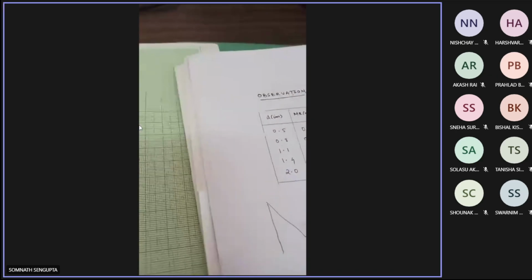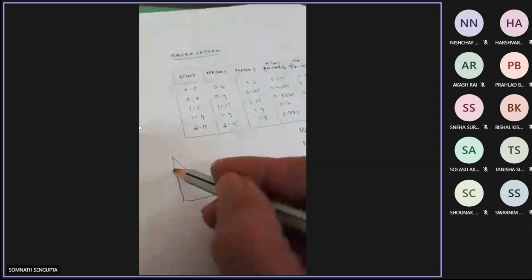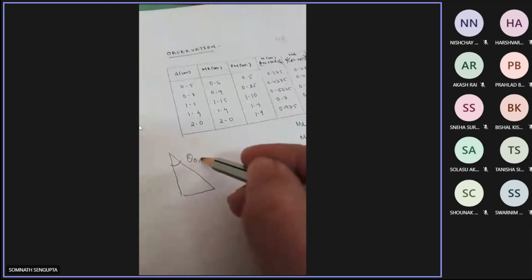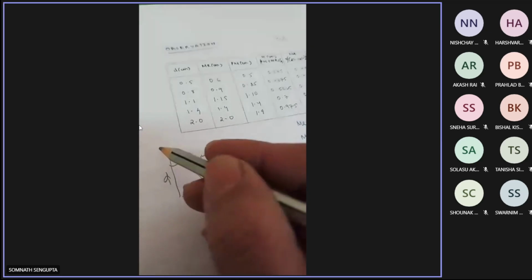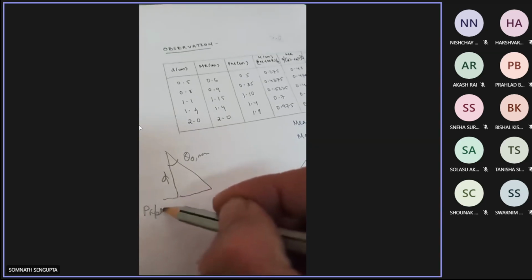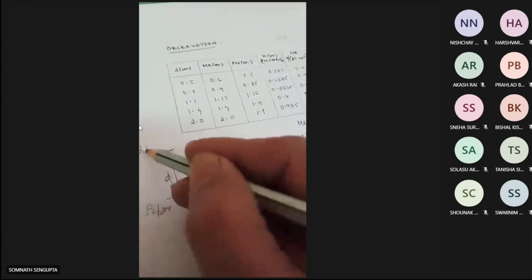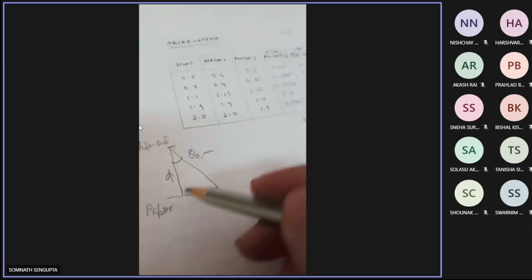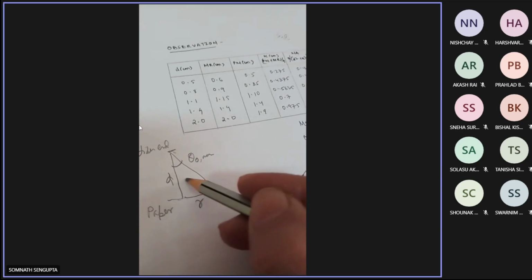Okay, this is what it is. That is theta 0 max, and this is your distance, from this paper, and this is fiber end. This is D and this is R. There is the spot size.